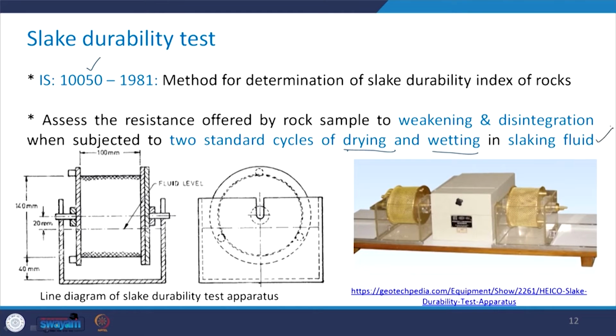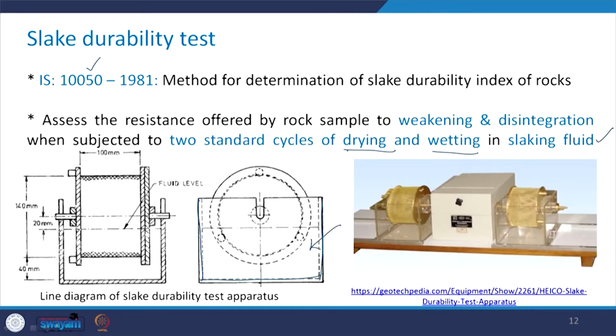So, here is the line diagram of Slake durability test apparatus. You can see that there is a drum here and then there is a trough, this box. This drum is mounted on this trough and the slaking fluid is filled in this trough, and then this drum is rotated about its axis.